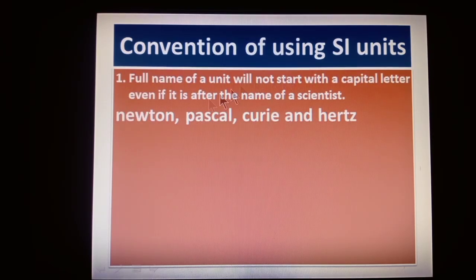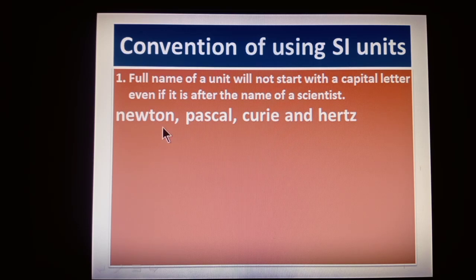Number one, while writing the full name of a unit, you should know that it will not start with a capital letter. The name of the full unit should not start with a capital letter even if it is after the name of a scientist. Very important thing to remember.